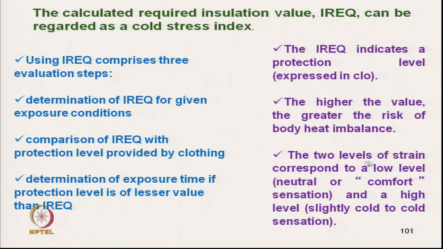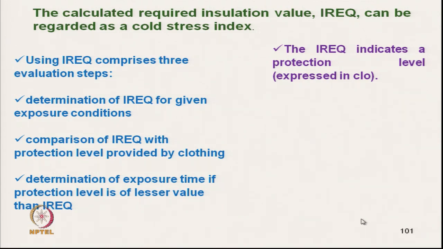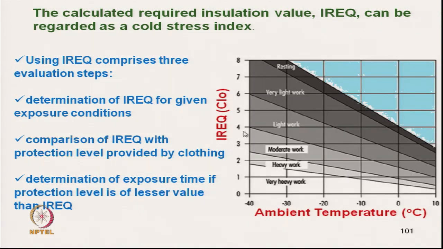The two levels of strain correspond to a lower level, that is the neutral condition, and a higher level, a slightly cold condition. Here we see that for every condition we have two levels, one high and one low. Suppose a person at minus 30 degrees Celsius is doing light work; his IREQ is, say, 3.5 to 5.